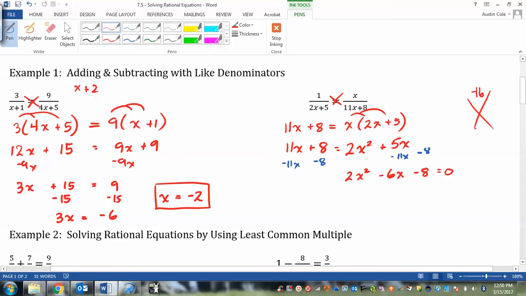-8 and +2. Okay, so I'm going to split this up: 2x squared plus 2x minus 8x minus 8 equals 0. Split it in half, factor by grouping. I can factor out a 2x, so I'm going to be left with x plus 1.